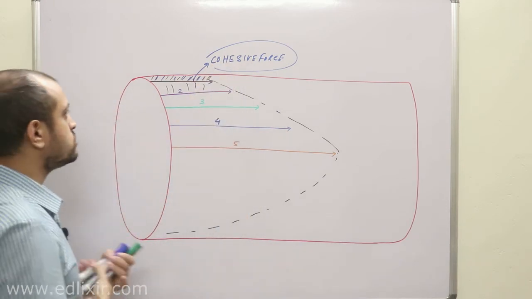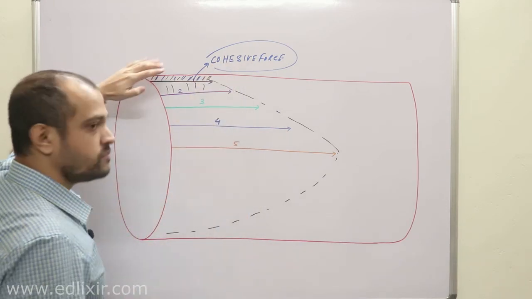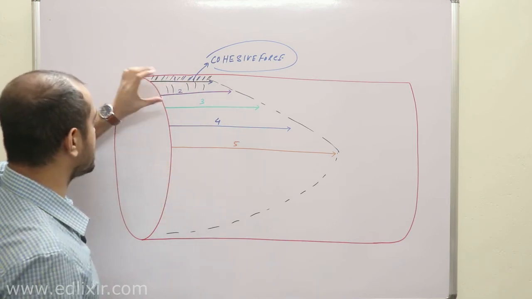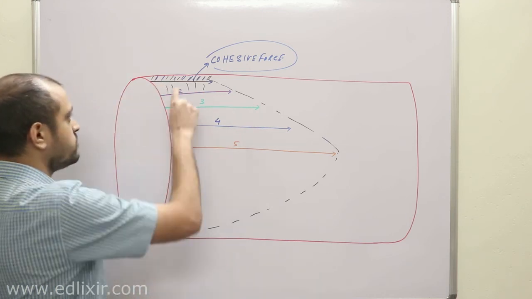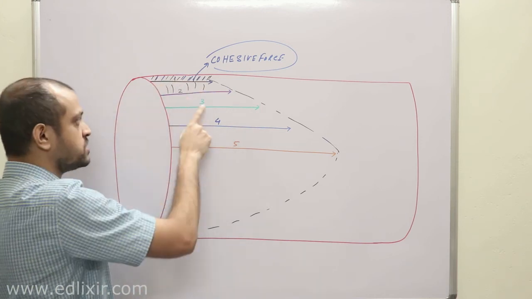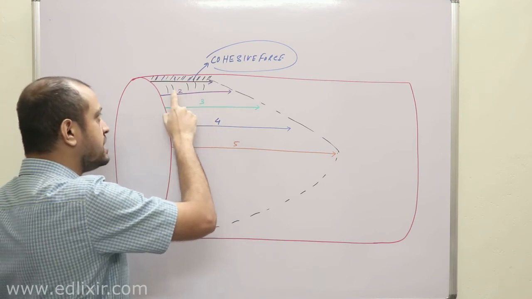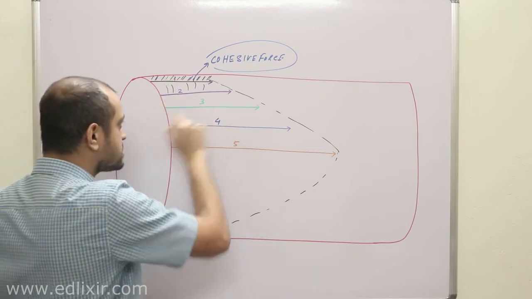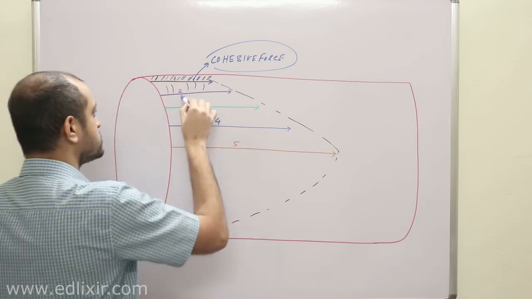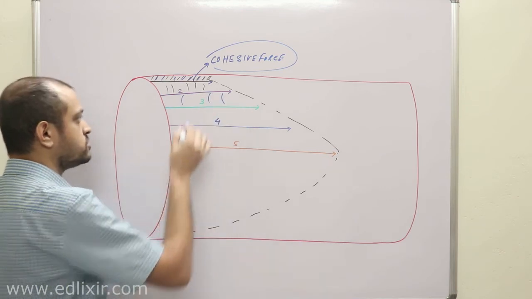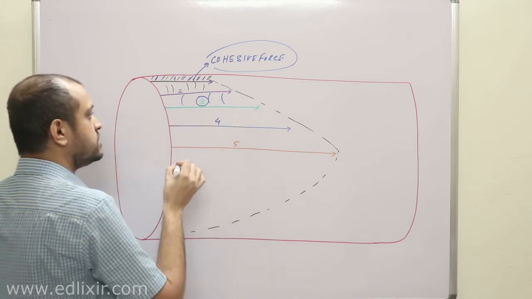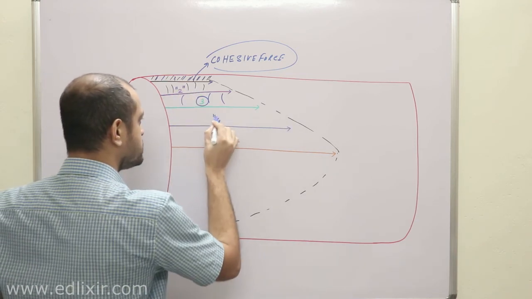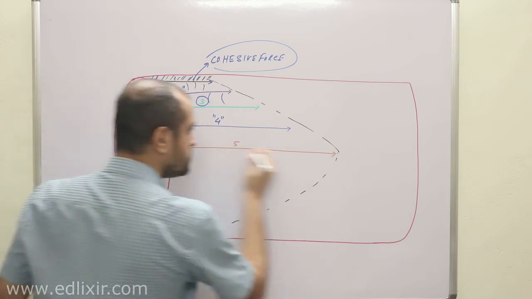Now listen, due to this cohesive force, the first layer is moving with a very little velocity. The second layer has a cohesive force attachment with the first layer, therefore it is moving with a higher velocity than layer 1, but slower than layer 3. The third layer has a cohesive force relationship with the second layer, therefore it moves with an increasing velocity with respect to the second layer, but a lesser velocity than the fourth layer, and the fifth layer is moving with the highest velocity.